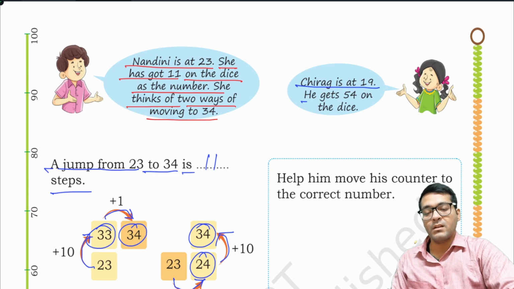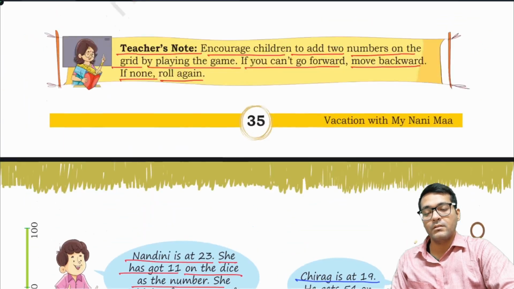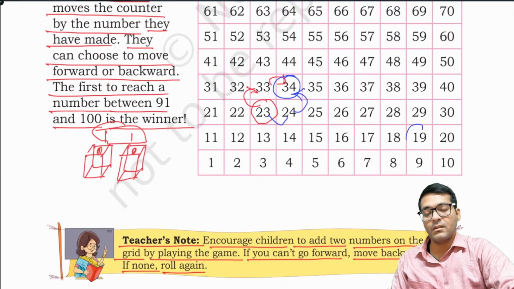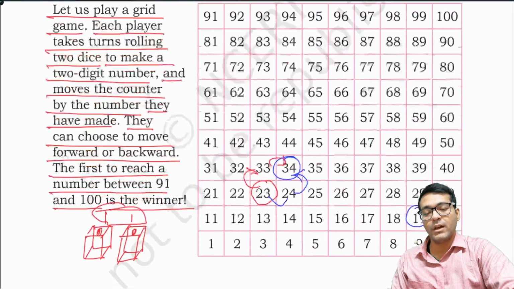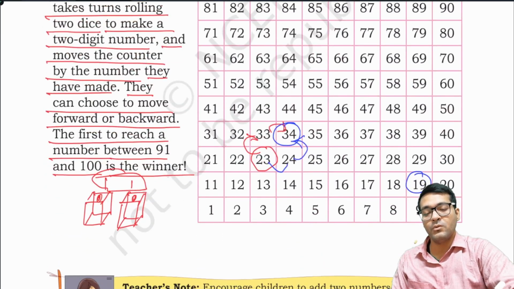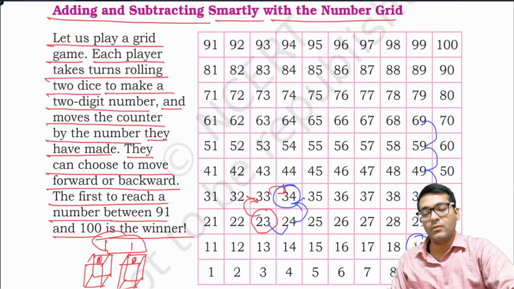Chirag is at 19. He gets 54 on the dice. Then he will have to move 54 here. That means 10, 20, 30, 40, 50, and 4. 1, 2, 3, 4. Then he will reach 73.